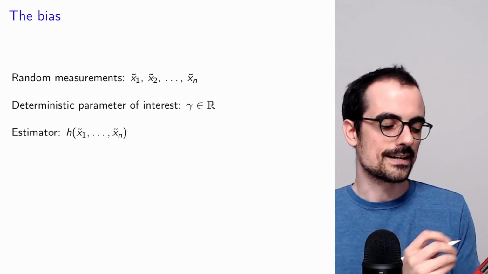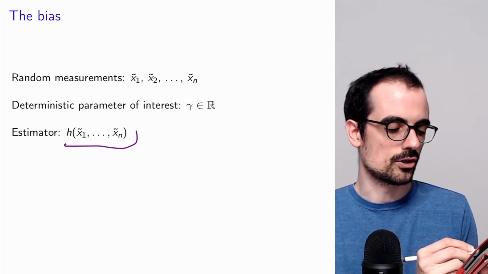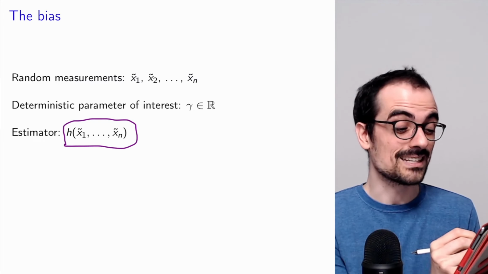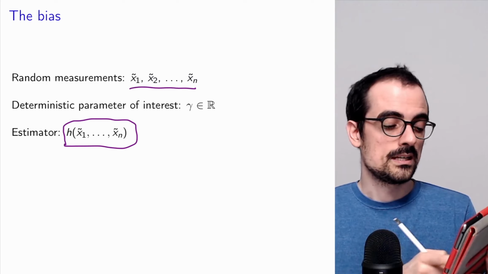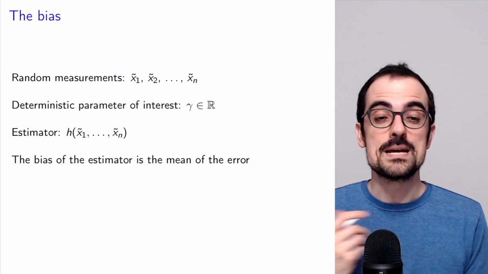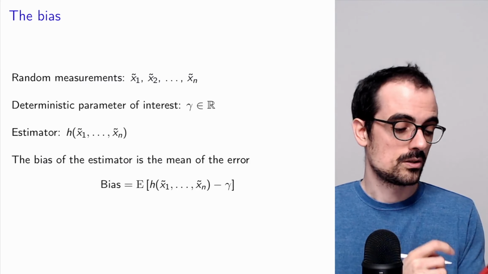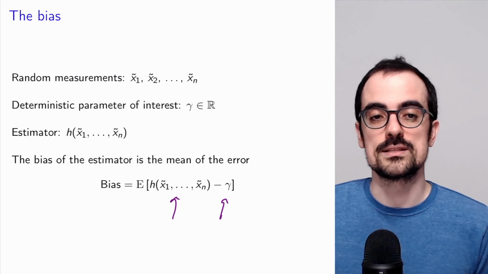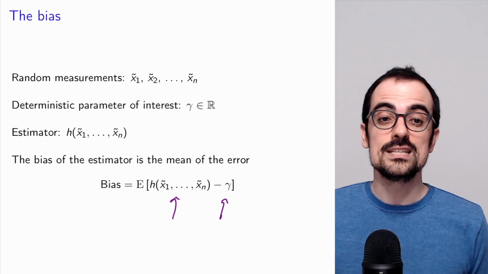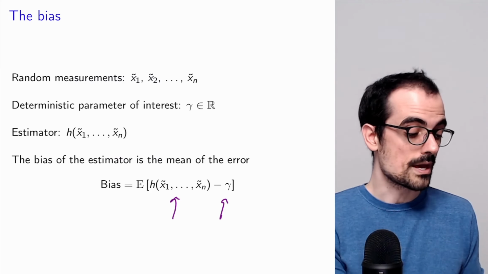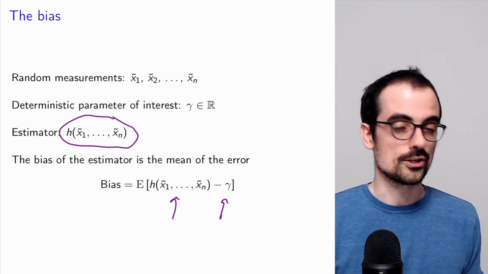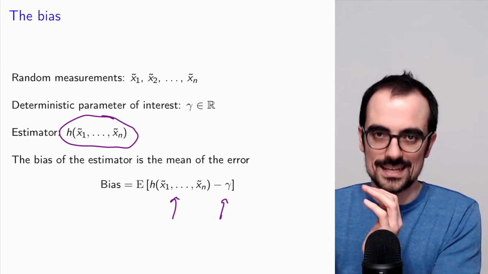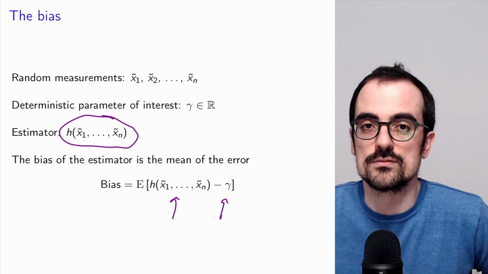The bias of an estimator, which is a function of the data and hence is random because the data are random, is just going to be the mean of the error. So we take the estimator, we subtract the true population parameter, what's the mean of that? This essentially tells us whether the distribution of the estimators, when we repeat the sampling many times, is actually centered at the parameter of interest.